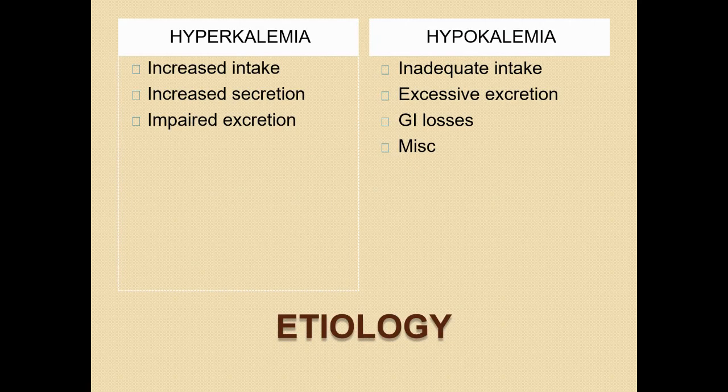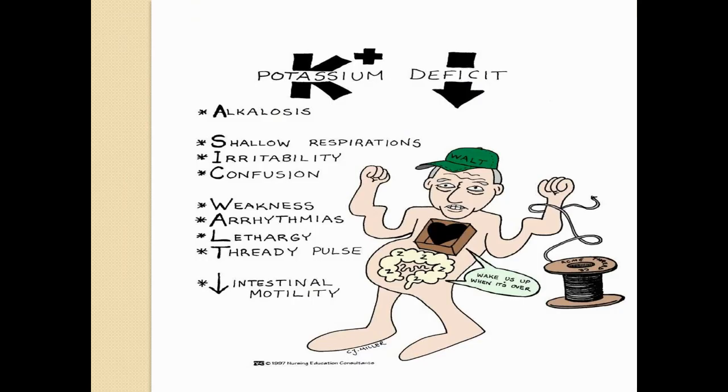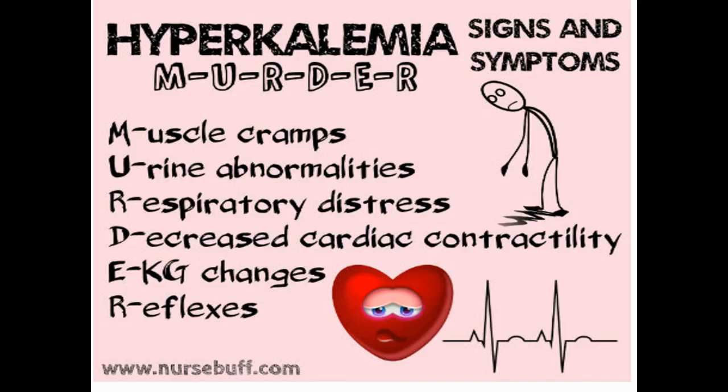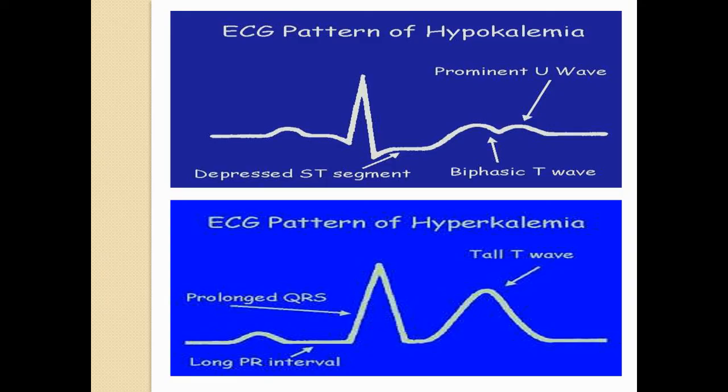In this we saw hyperkalemia and hypokalemia, potassium deficit, the mnemonics for these, and the ECG pattern for potassium, which is the most important thing. During hypokalemia, there will be depressed ST segment, a prominent U wave, and a biphasic T wave.